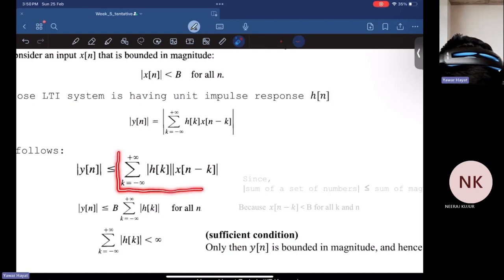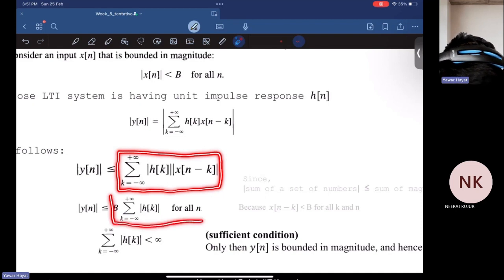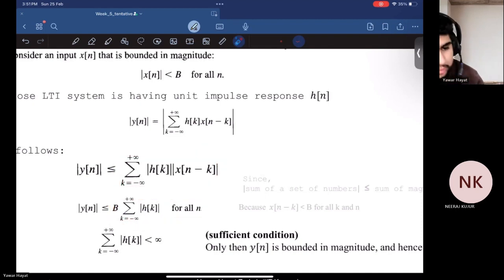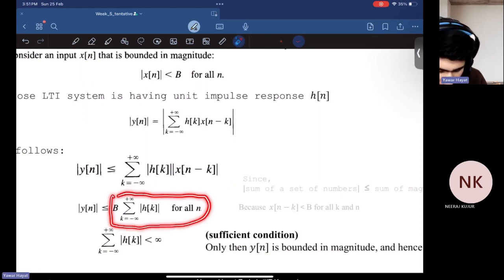I hope you can see this quantity is larger than this quantity. Sorry for the confusion.